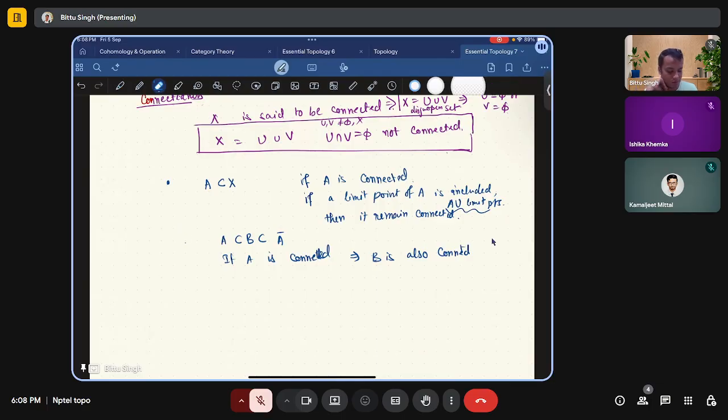This is an equivalent statement. In particular, the closure of A is always connected. So in between a connected set and its closure, all the sets are connected. Whatever set you choose in between a connected set and its closure, all those sets will remain connected.